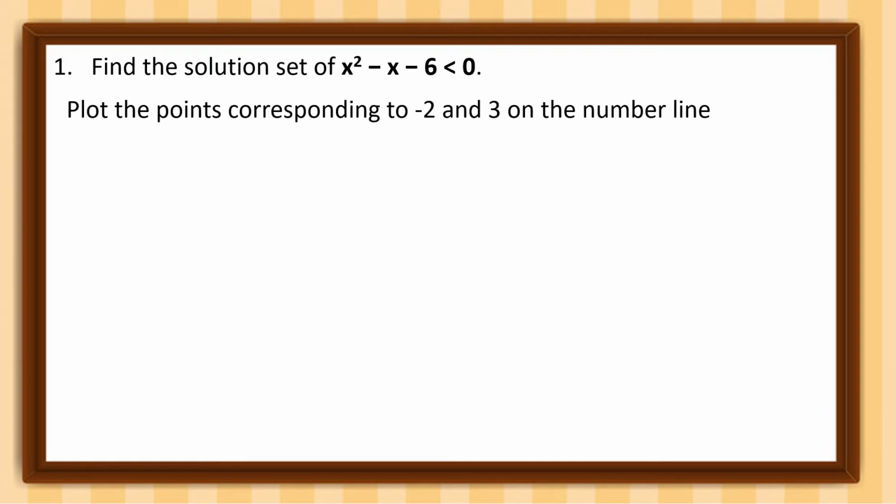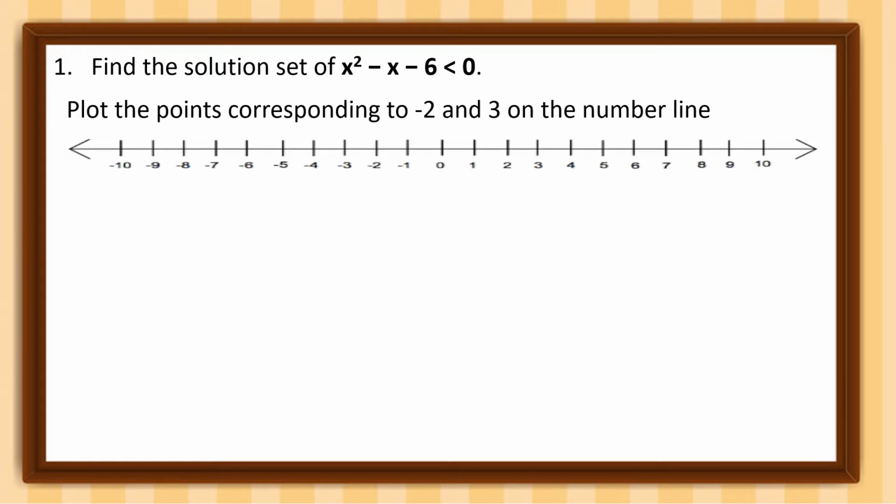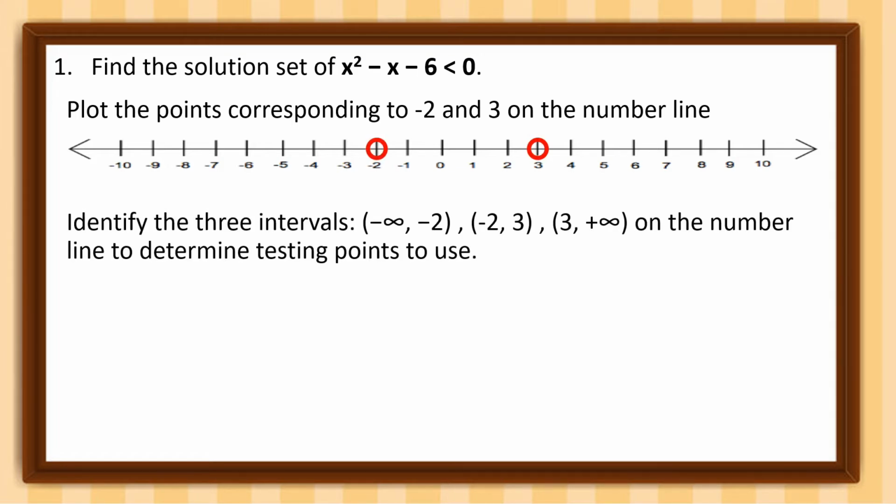Now that we know the values of x, we will plot the points corresponding to negative 2 and 3 on the number line. Since the inequality is less than, we will plot the corresponding points by using an open circle. Then, identify the 3 intervals.